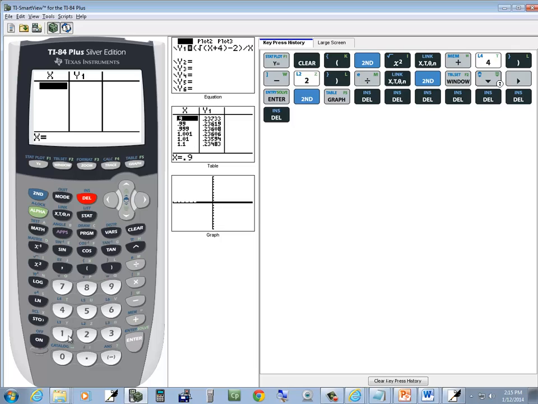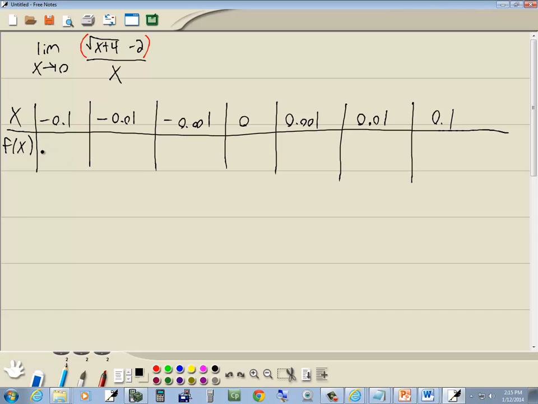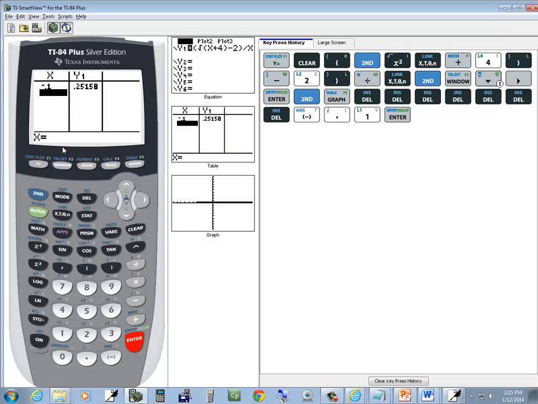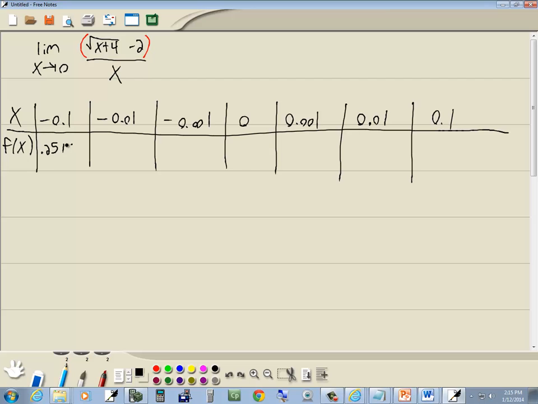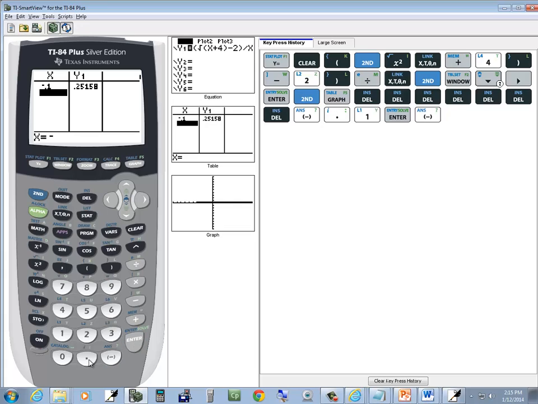We've got negative 0.1, so negative 0.1, enter. And that gives us 0.25158. Now our next x value is negative 0.01, so negative 0.01, enter.